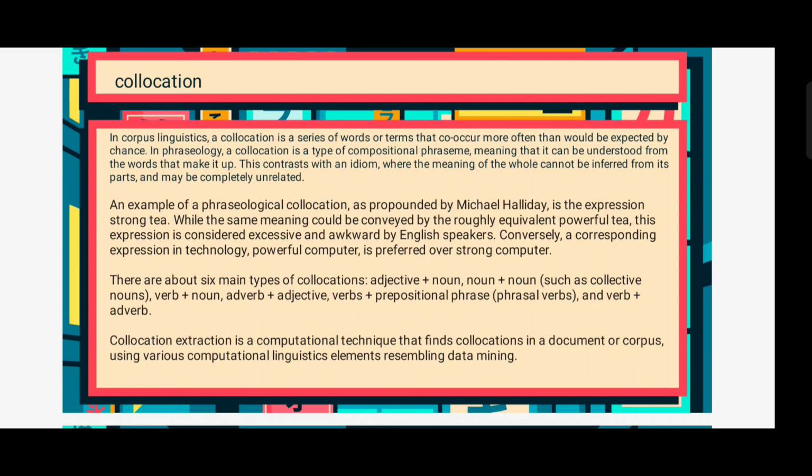while the same meaning could be conveyed by the roughly equivalent powerful tea. This expression is considered excessive and awkward by English speakers. Conversely, a corresponding expression in technology, powerful computer, is preferred over strong computer.